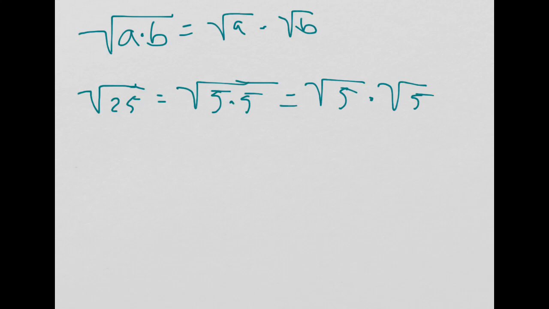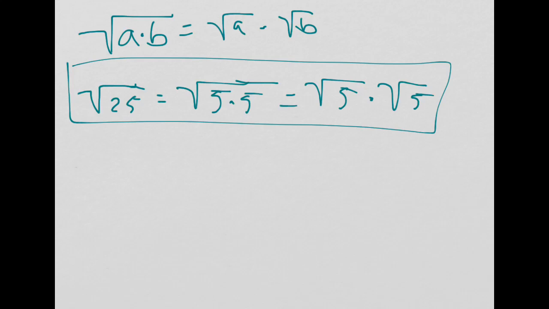Now, you probably don't want to do that. That's not very useful in this case, but know that you can. We're going to use that later on. So, whatever number is underneath your square root sign, you can always break that up into factors.